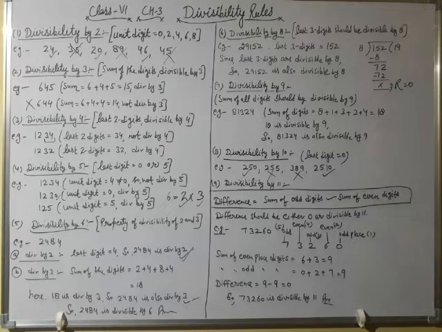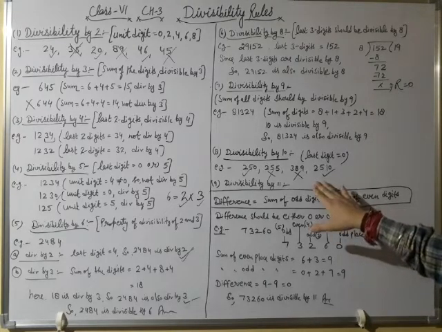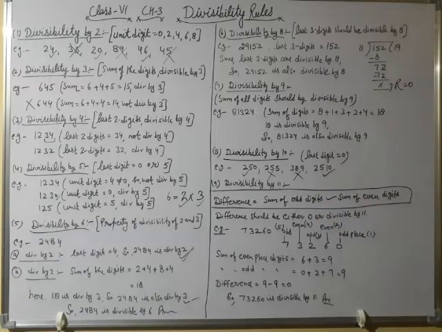The last property is divisibility by 11, and it is the most important property for you because you have to do lots of work in this property. I have written the formula to check the divisibility of any number by 11.